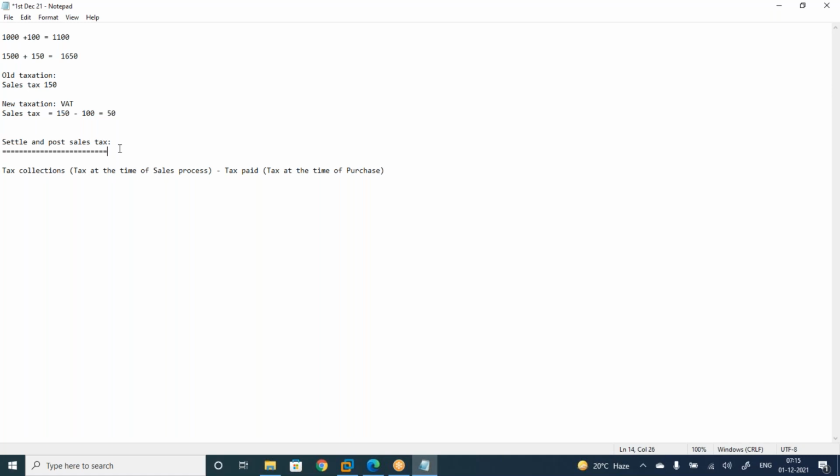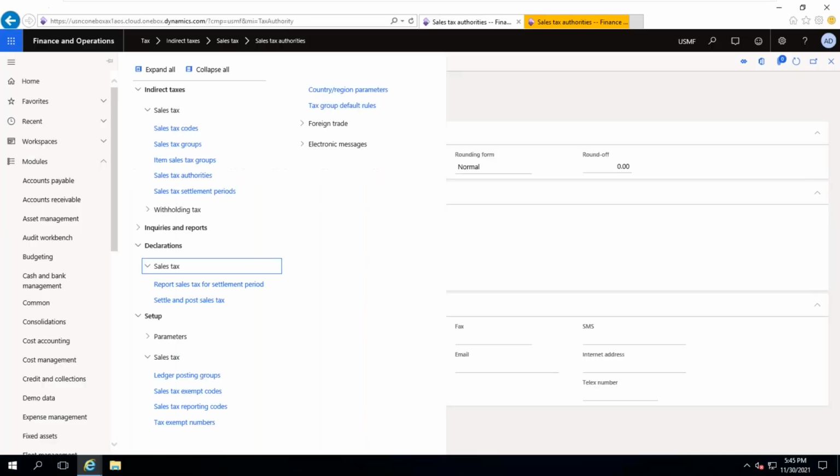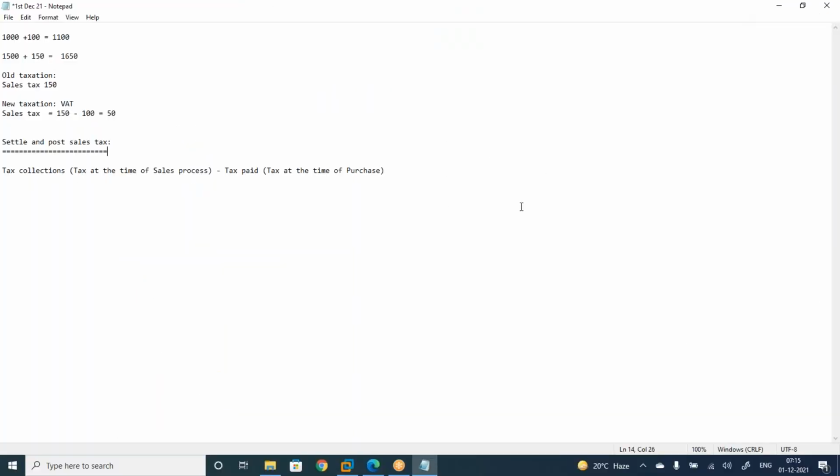By November 10th or 15th, you need to pay the tax amount you have collected from October 1st to October 31st, minus the tax you have already paid. The difference should be calculated and paid to the government authority. That is this settle and post sales tax. Suppose on 10th November you pay to the government authority. Can you modify those amounts?